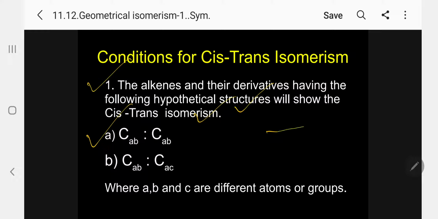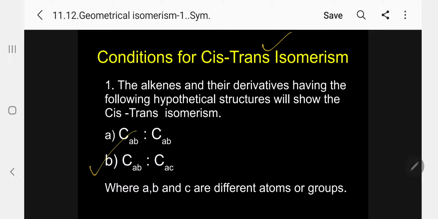What is double dot? Indicates double bond. So, any alkenes containing CAB pattern will show geometrical isomerism. A is a substituent, B is another substituent.